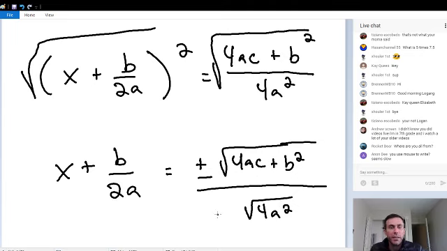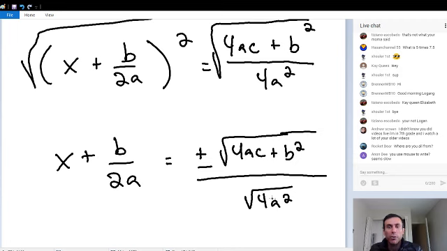The reason why I did this is because the 4a squared can be simplified. That's why I separated the square roots for the numerator and the denominator. So I haven't changed anything. The square root of 4a squared is actually equal to 2a. The square root of 4 is equal to 2, and the square root of a squared is just a.